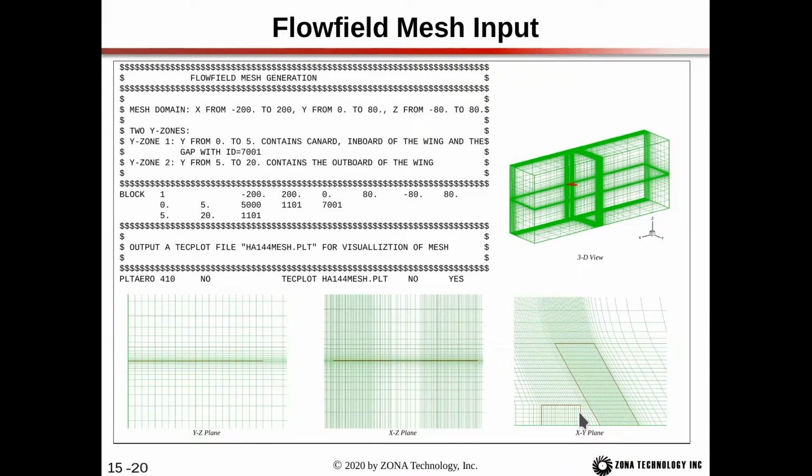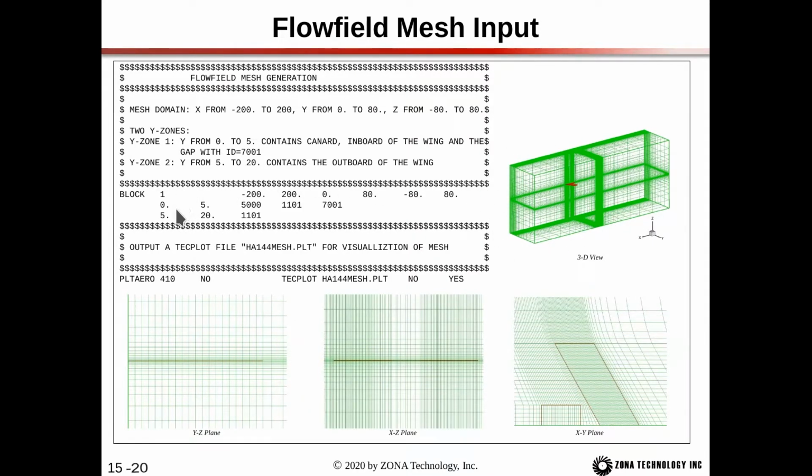Because of the sweep angle, we've got what appears to be grid lines crossing each other, but they're not. To get a good look at what the mesh actually looks like, if you just look at the top-down view and then from the back, that will give you an idea of what the mesh looks like. And then here is the full 3D view.